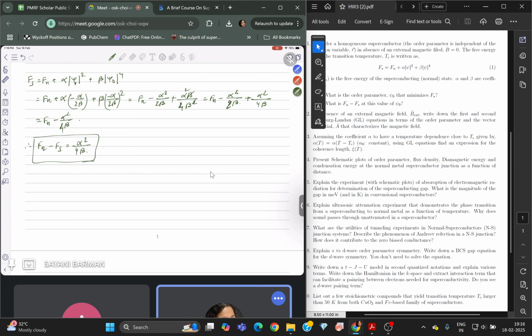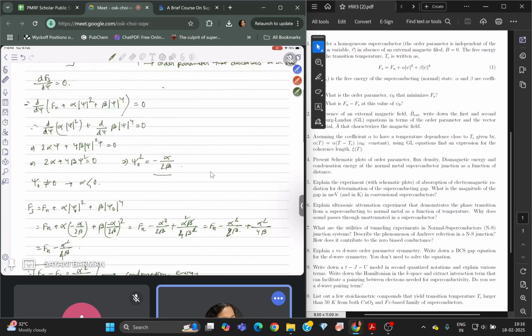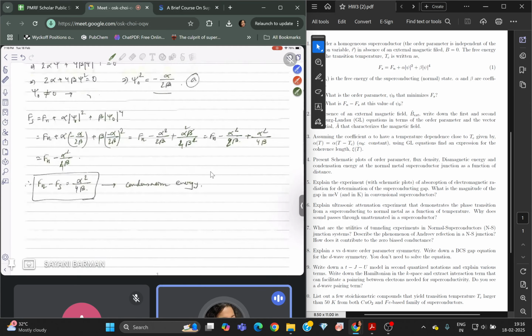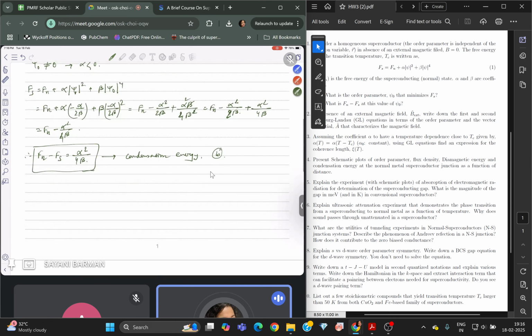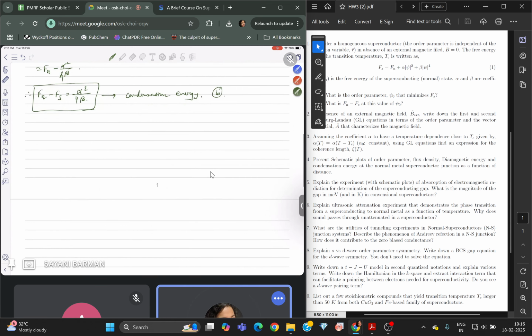So, this is the condensation energy. Right, so this is the answer of A and this is the answer of B. 1A and 1B.